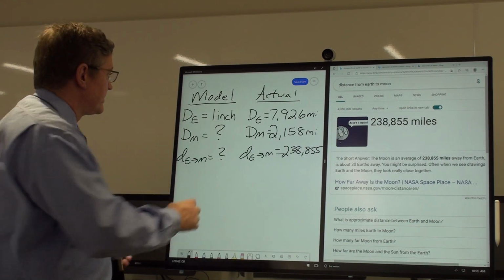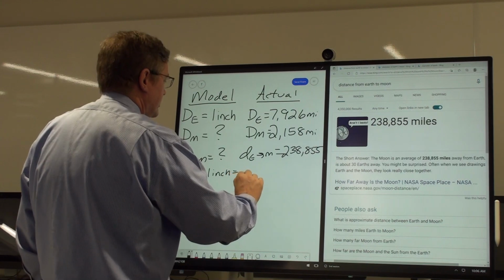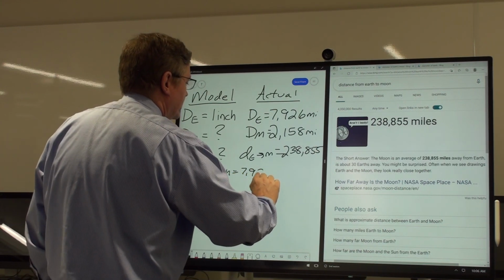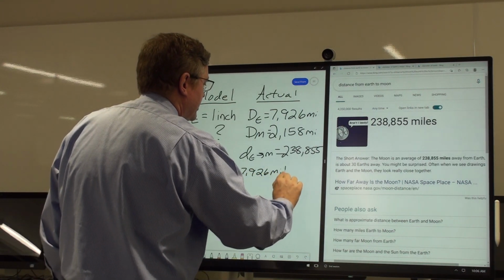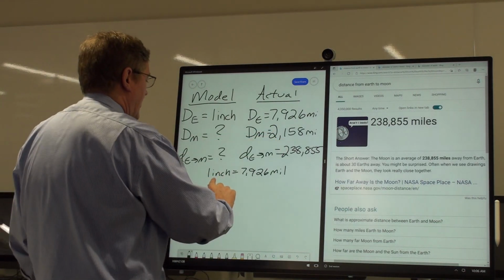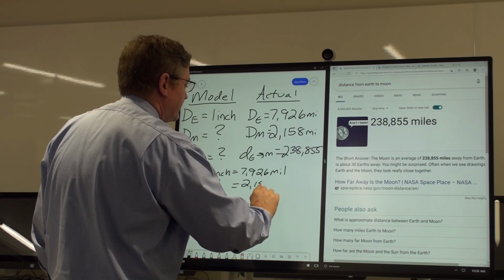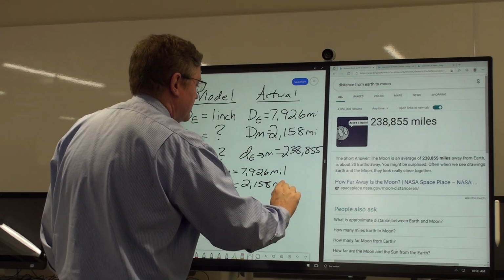So now that I have all of the actual data, and I have my ratio here, what I'm doing is I'm going to say, well, 1 inch equals 7,926 miles. That's my ratio. So if I want to know, well then, how many inches equals 2,158 miles?